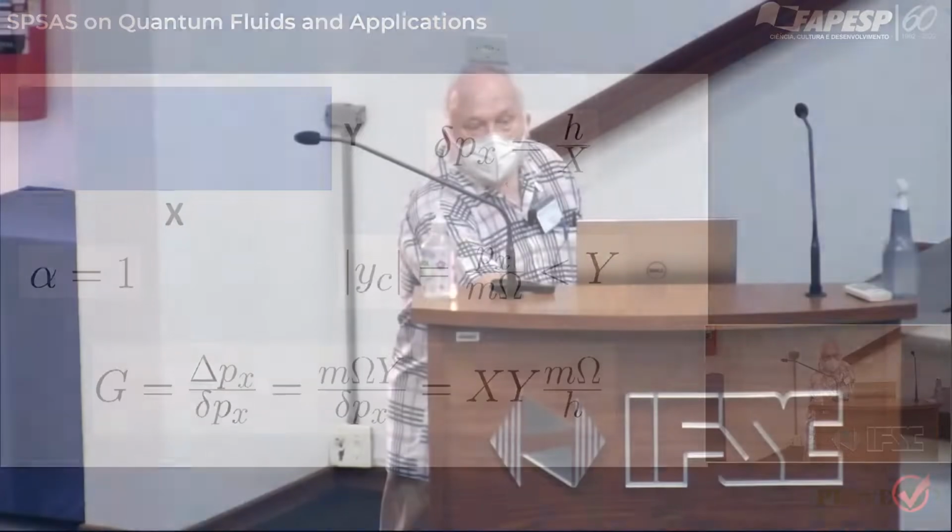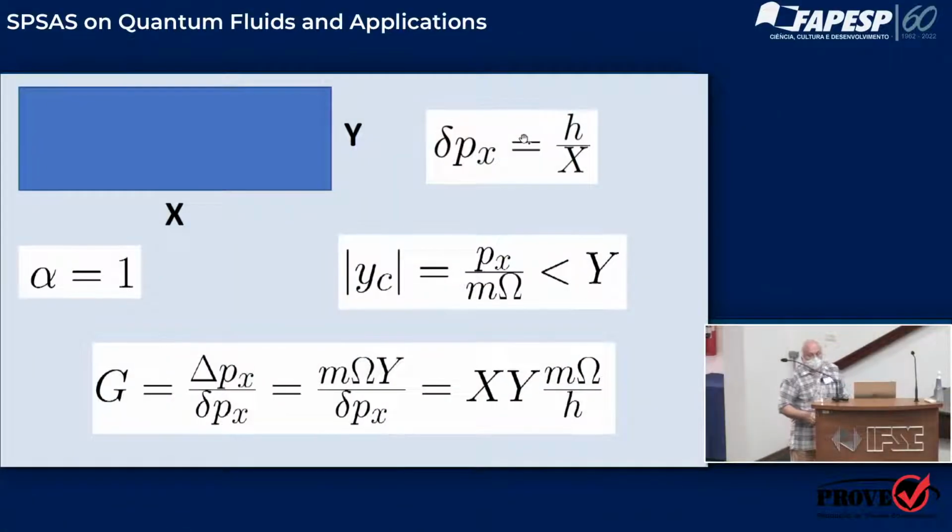This is the spacing. And now we see that, on the other hand, px divided by m omega, where omega is the cyclotron frequency, must be limited because the center of the orbit now can go out of this rectangle.